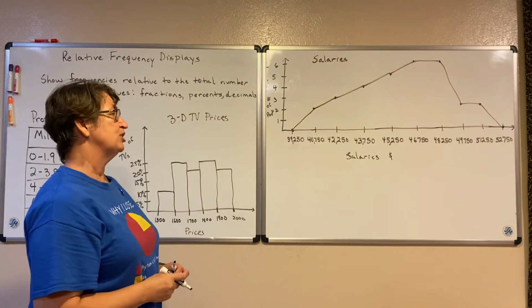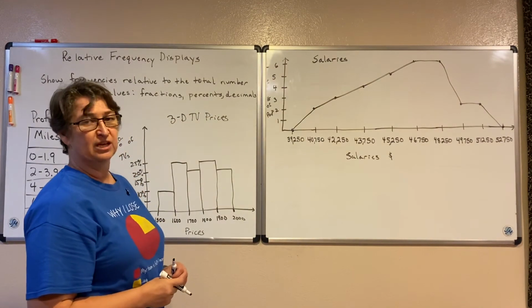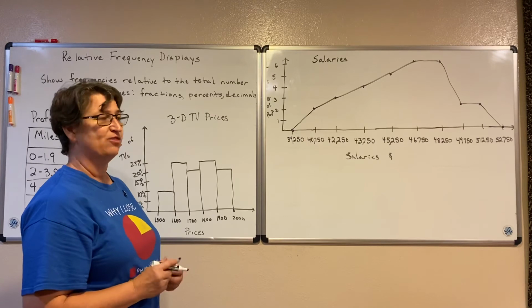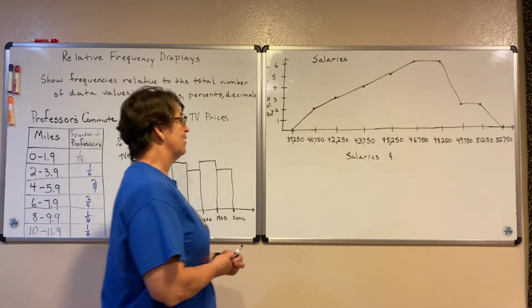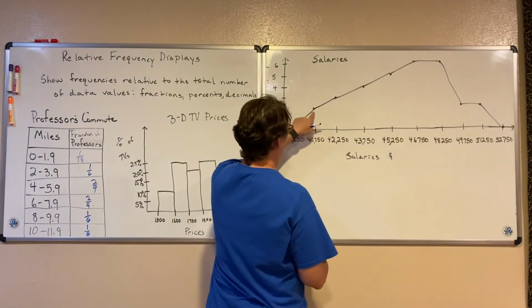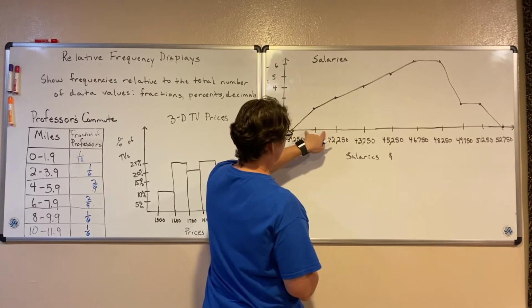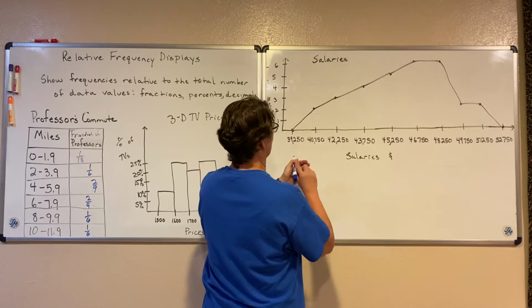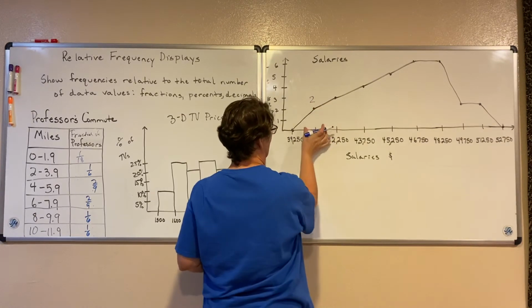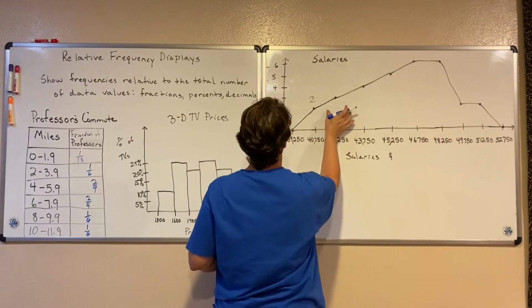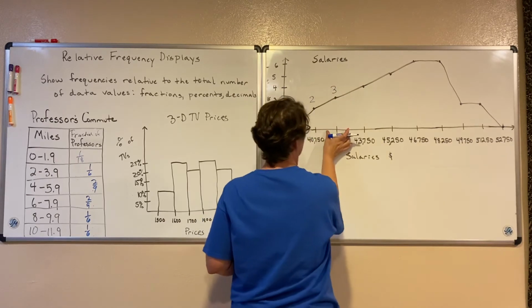And then all I'm going to do to make it a relative frequency display is first find the total number. Remember that this first dot represents 2 people that were in this salary range. There were 3 people in that class or bin.